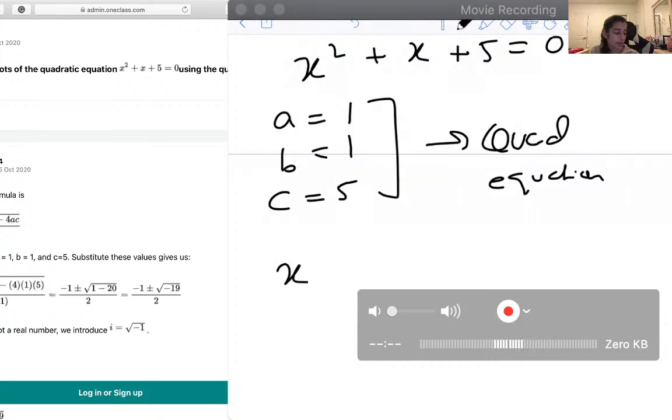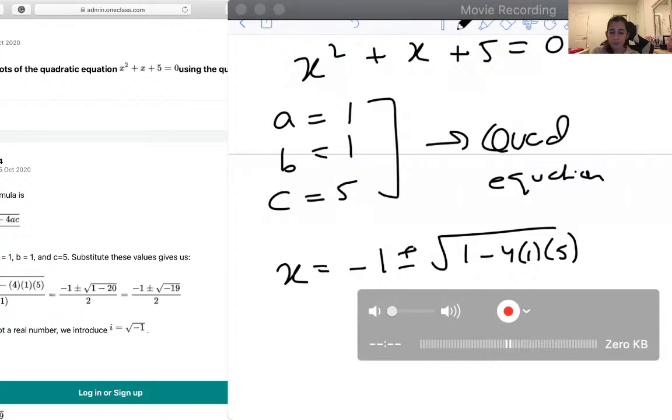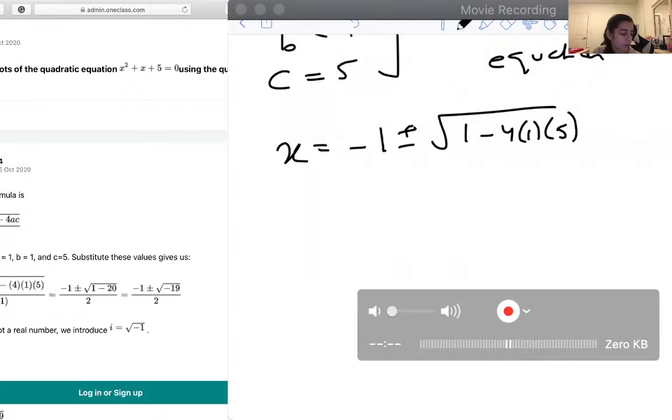So x is equal to negative b, which is 1, plus or minus the square root of b squared, which would be 1, minus 4, where a is 1 and c is 5. So negative b over 2a, and a is 1.